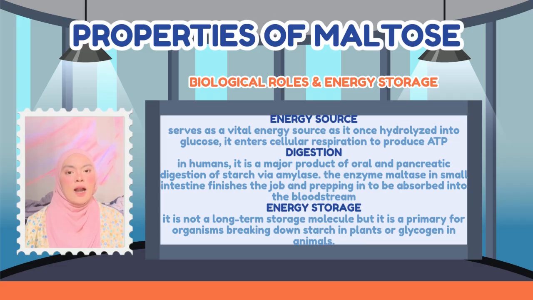Those pieces are maltose. Eventually, enzymes in your gut called maltase snip that maltose right down the middle, giving you two clean units of glucose. That glucose is the fuel that enters your cells to produce ATP, the currency of life.